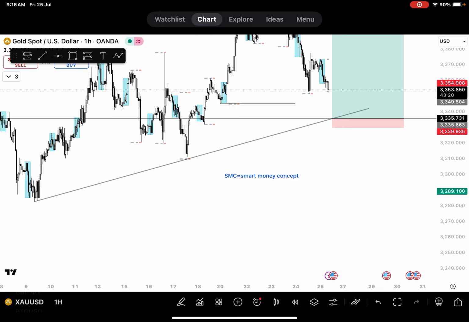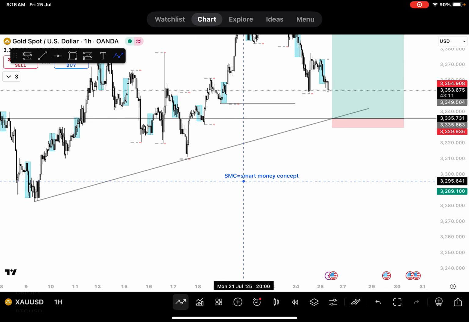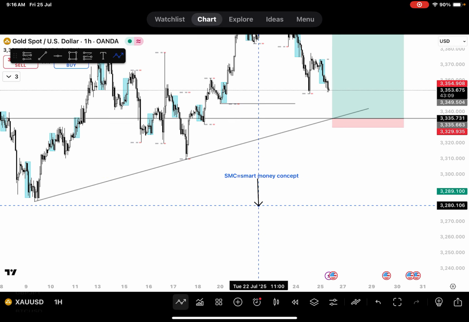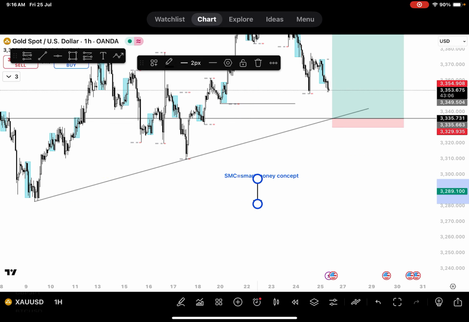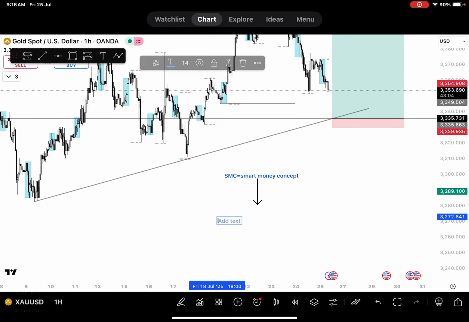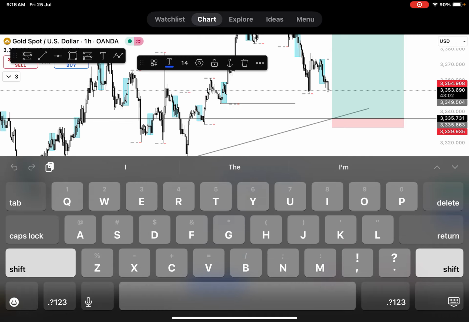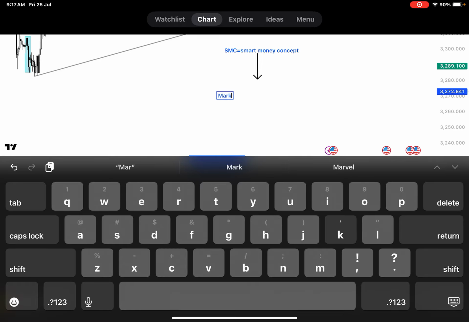Now, if you are talking about the properties of SMC, that is when we'll go down to talking about the market. We're going to talk about the market structure. Then we'll talk about the liquidity.